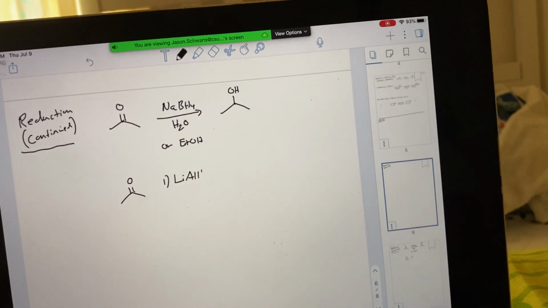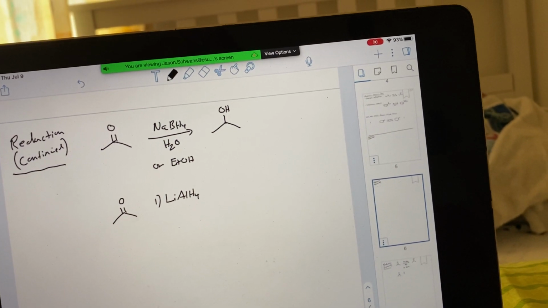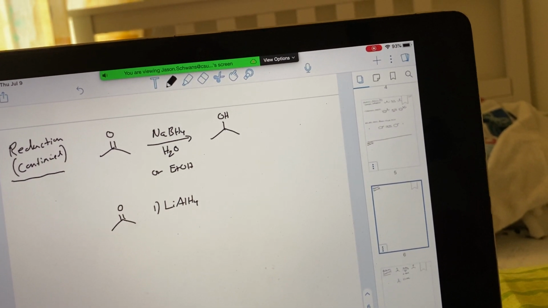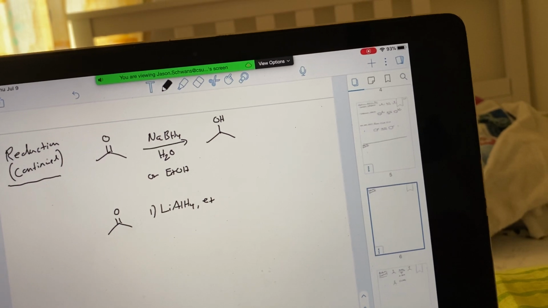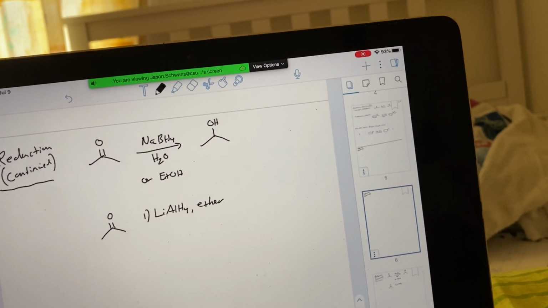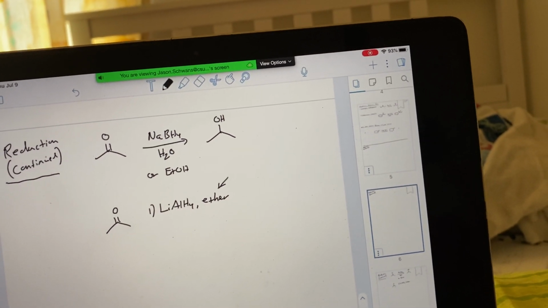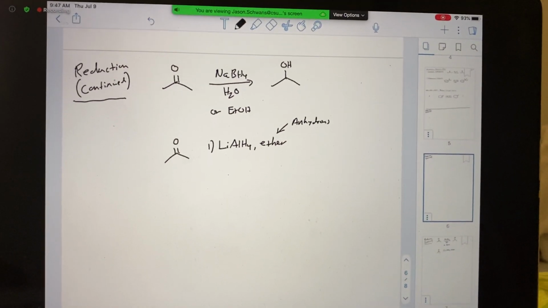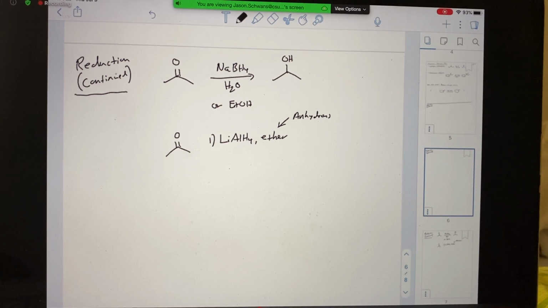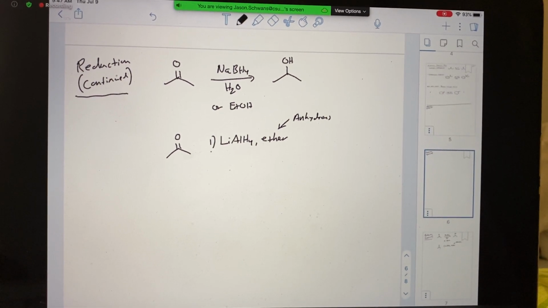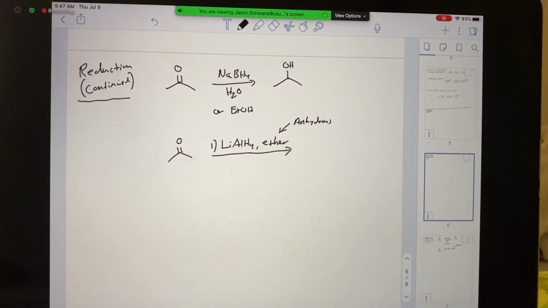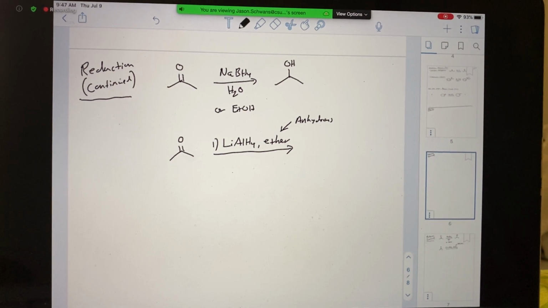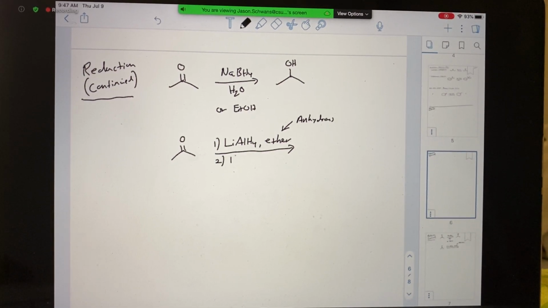If it comes into contact with water, it will react vigorously, meaning it can start a fire. And so you'll use lithium aluminum hydride in an anhydrous solvent, like anhydrous ether, keeping water out, do the reduction reaction, and then at the end, when most of the lithium aluminum hydride has been used up, you'll very carefully add in water.